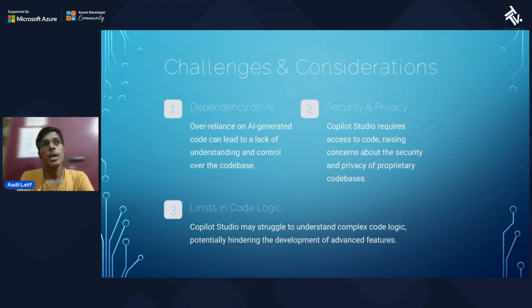Because if we are not checking the AI generated code, then Copilot Studio can also give wrong code or ideas. So we must carefully review that the code is efficient and good for this type of topic.